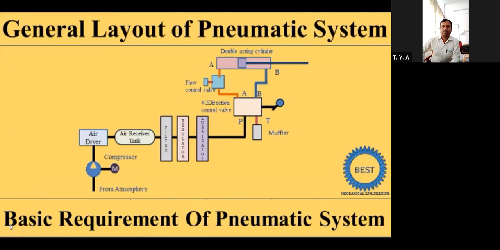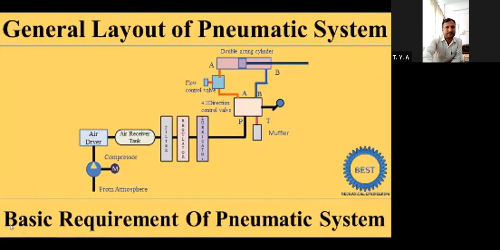Basic requirements means what are the basic components used in a pneumatic system and how to draw the general layout of the pneumatic system. I explain with animation so you can easily draw the diagrams, from which point you start the diagram and at which point you need to end the diagram of the pneumatic system.